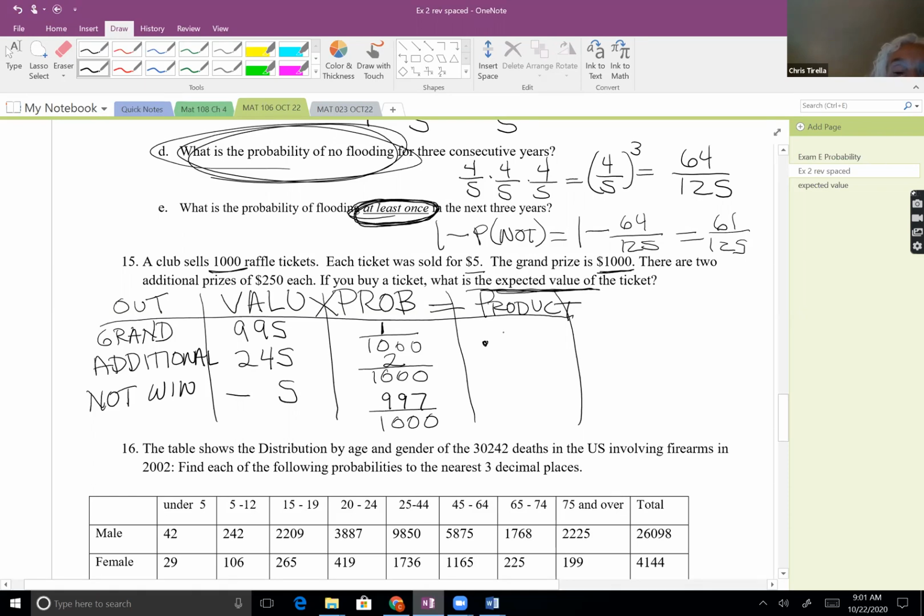So multiplying across, the first product as a decimal is 0.995. Here, because it's money, I would multiply them as decimals. The second product multiplying across is 490. Third product multiplying across, and remember it's going to be negative because I've got that negative sign. So when I take 5 times 997 and divide it by 1,000, I get 4.985.